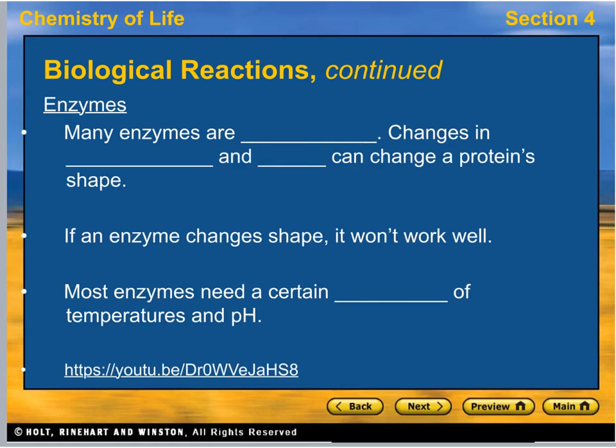Many enzymes are actually proteins, and changes in temperature and pH can actually change a protein's shape. If an enzyme changes shape, it's not going to work very well.